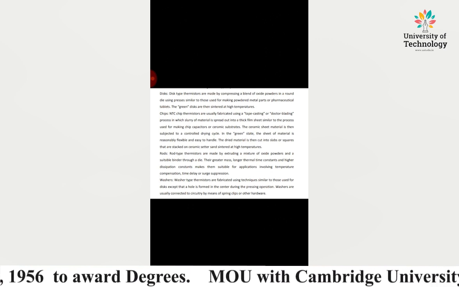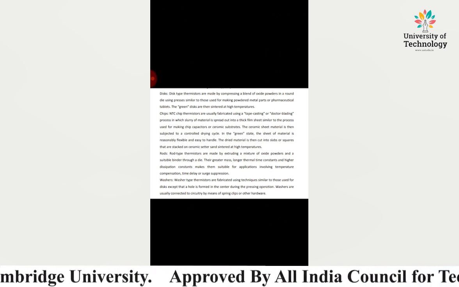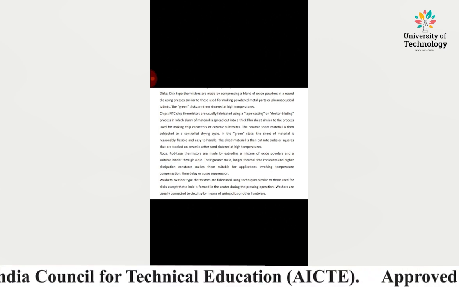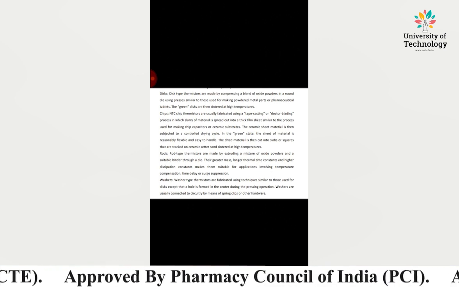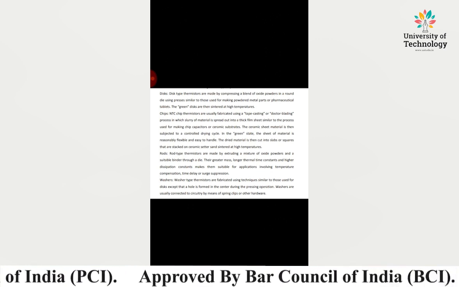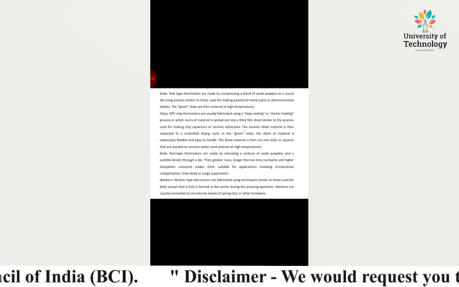Next one is the rod type thermistor. These types of thermistors are made by extruding a mixture of oxide powders and a suitable binder through a die.